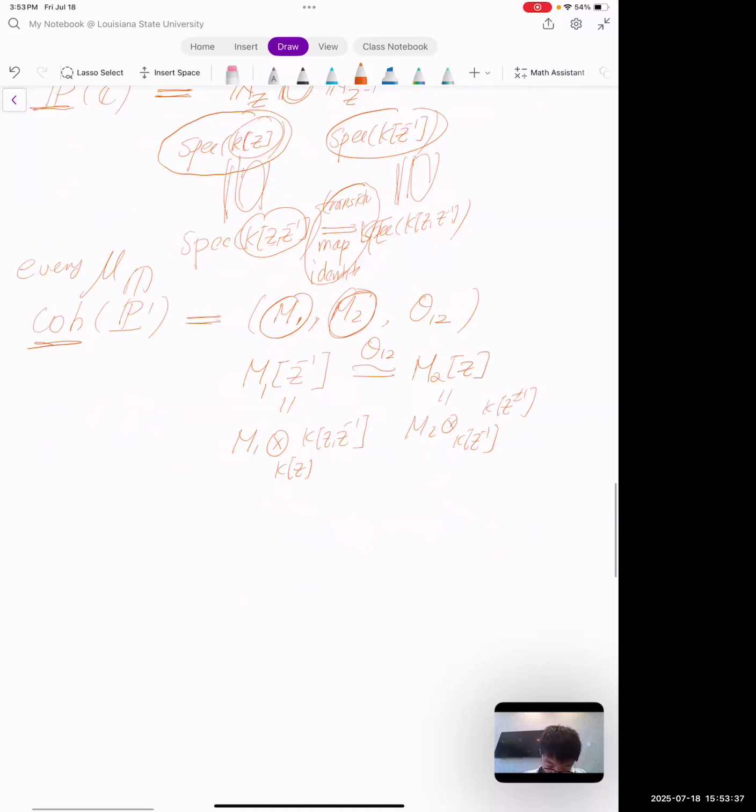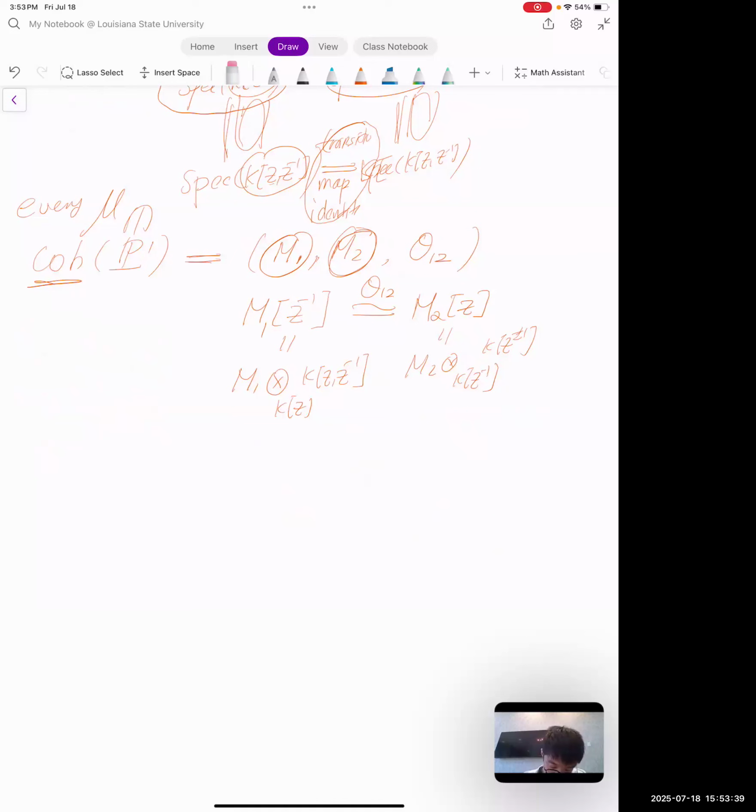Now let's look at some examples, which are interesting. First, I'm introducing the twisted sheaf O(minus n). So what is this? I'm taking both M1 and M2 as rank-one free modules: M1 is a K[Z] module, M2 is a K[Z inverse] module. So they're locally free modules. These are called invertible sheaves or line bundles, so locally rank 1.